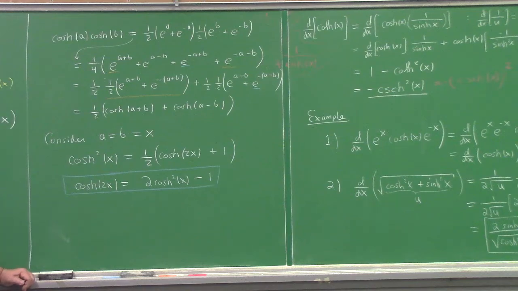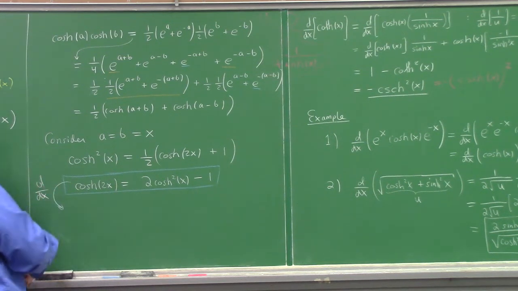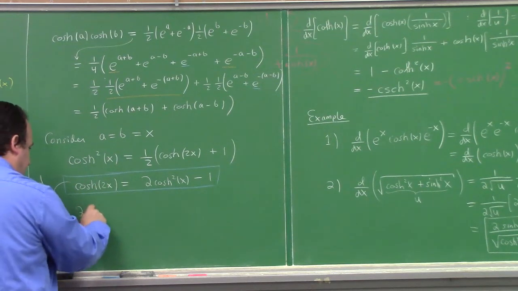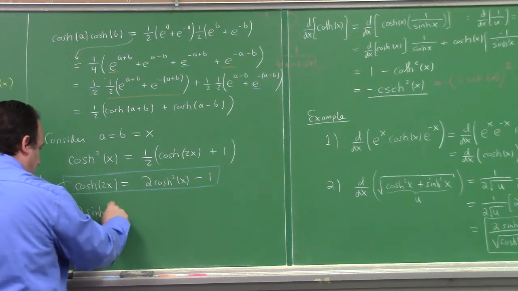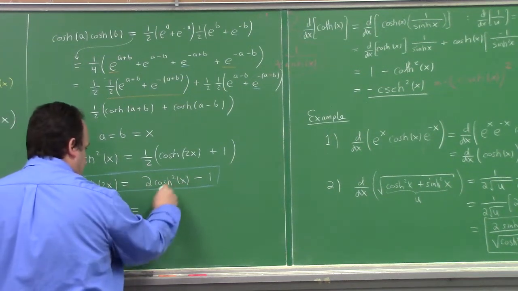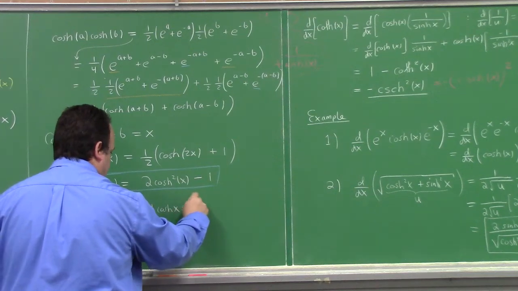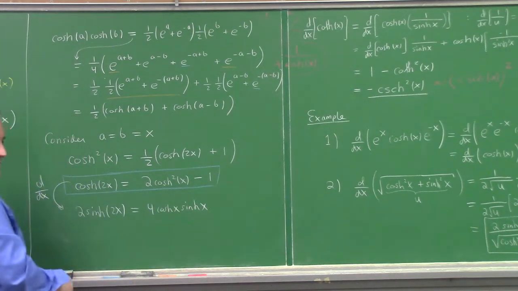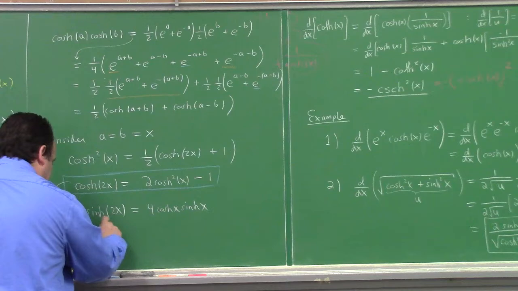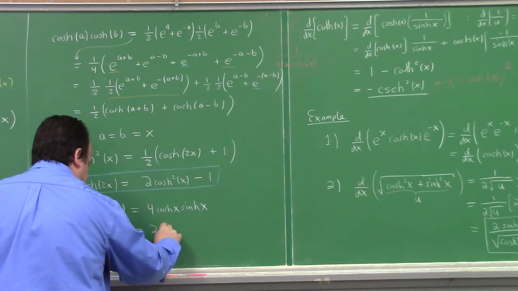Differentiate this identity. What happens? d/dx, we get 2 sinh of 2x by the chain rule equals 2 times 2 cosh x sinh x. In other words, the hyperbolic sine of 2x is equal to twice cosh times sinh.